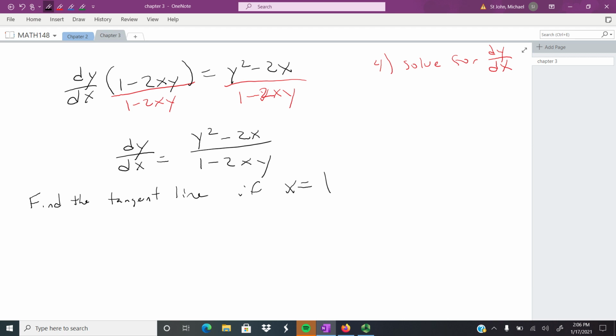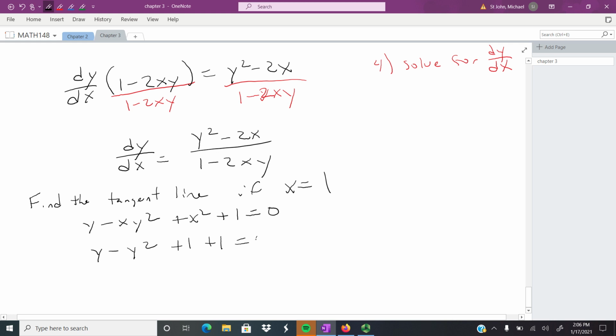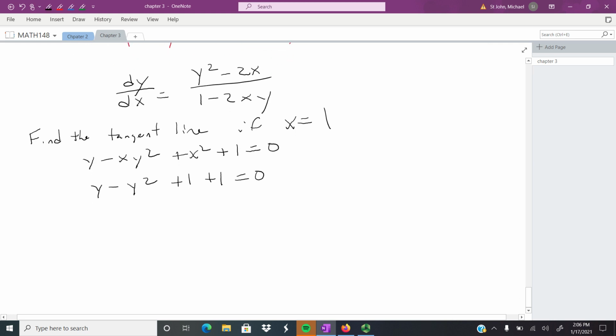So we go back to our original equation, which was y minus xy squared plus x squared plus 1 equals 0. We know the value of x is 1, so this is going to be y minus y squared plus 1 plus 1. And so we get y minus y squared plus 2 equals 0.